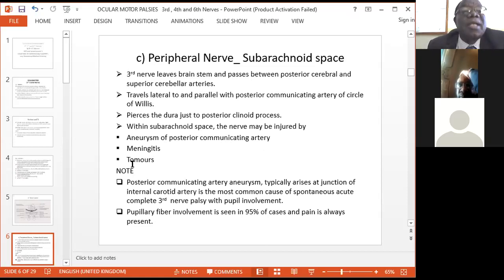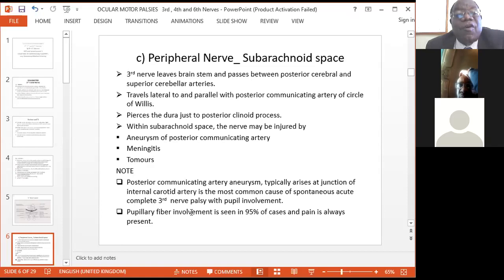Meningitis, tumors, all these are possible causes to affect the nerve fibers. Note, posterior communicating artery aneurysm typically arises at the junction of the internal carotid artery, and is the most common cause of spontaneous acute complete third nerve paralysis and pupil involvement.